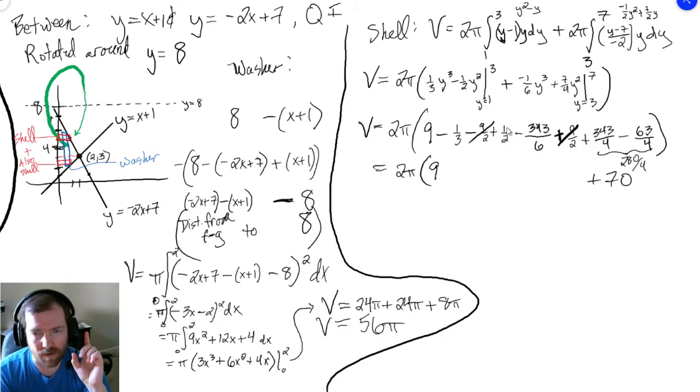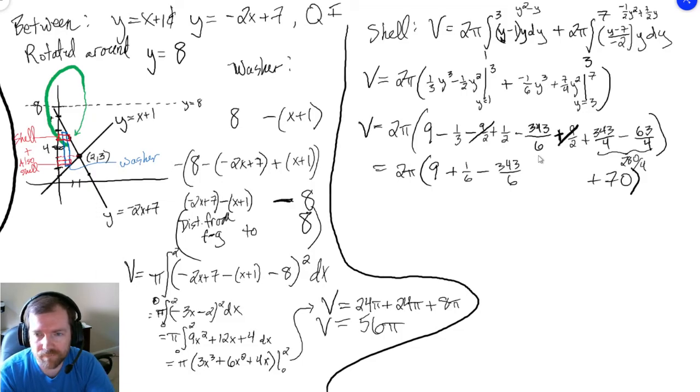A positive 1/2 and a negative 1/3 is going to be a positive 1/6 minus 343/6. So negative 343/6 minus 1/6 is going to be negative 342/6.